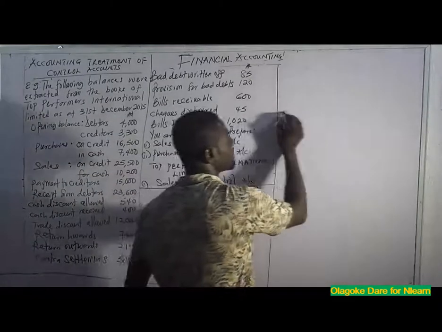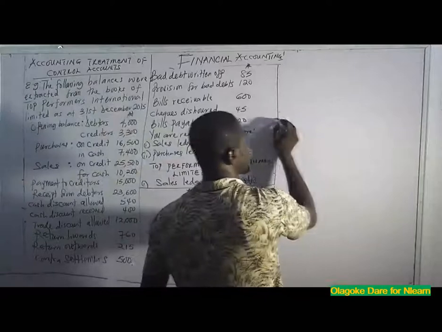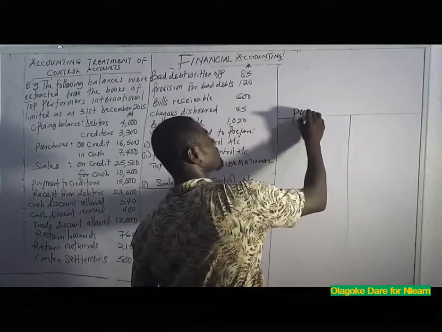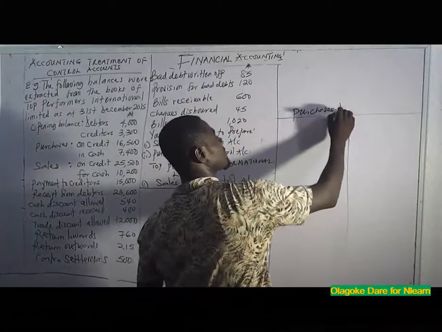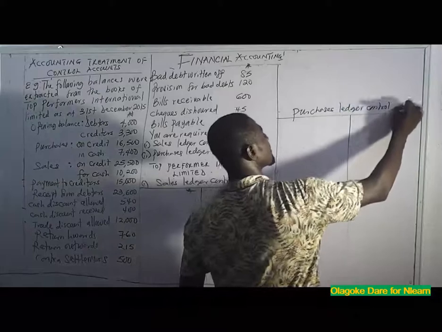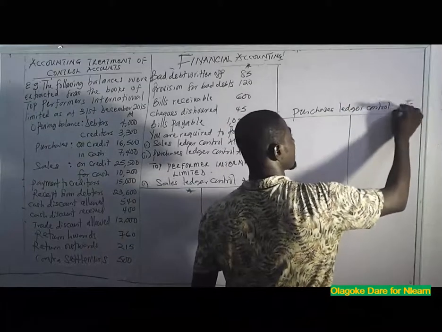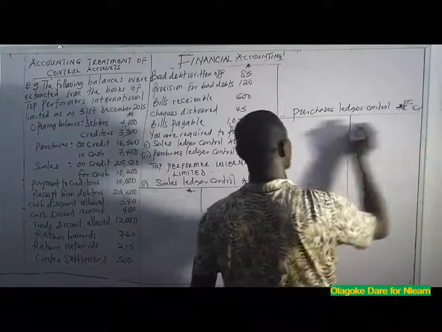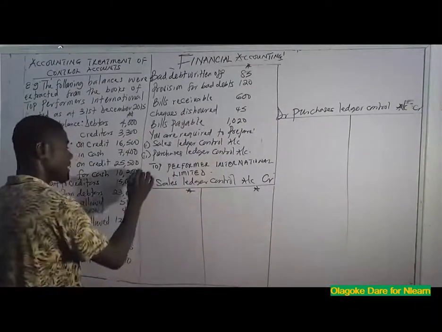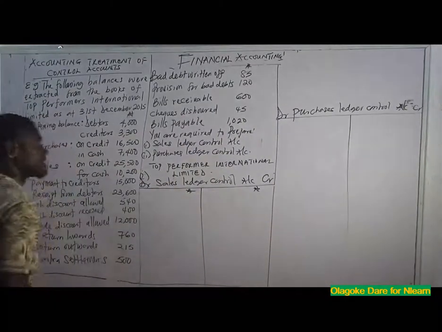Then I have here as my purchases ledger control account. Don't forget, here's my credit side, here's my debit side. Here's my credit side, here is my debit side.